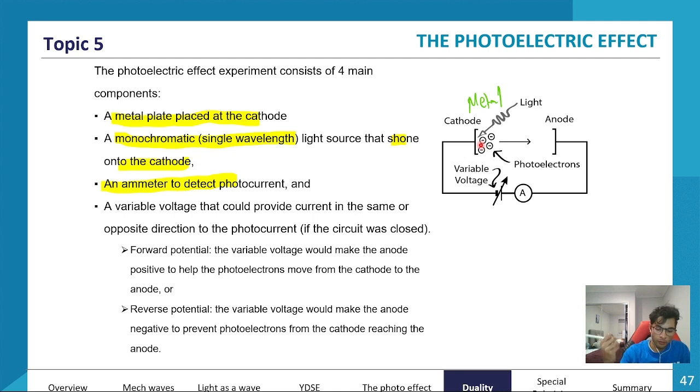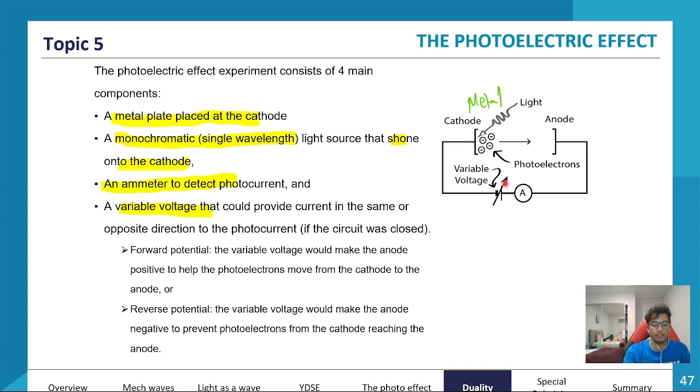And then we have this thing called a variable voltage, and basically it's just this little thing over here. It's like a battery, a power source, and you can change the amount of voltage that this power source is producing. And there's this thing called forward potential and reverse potential.